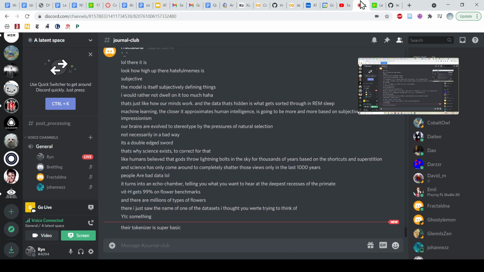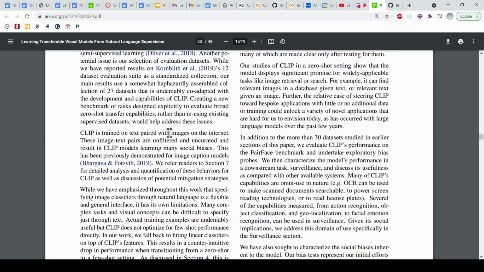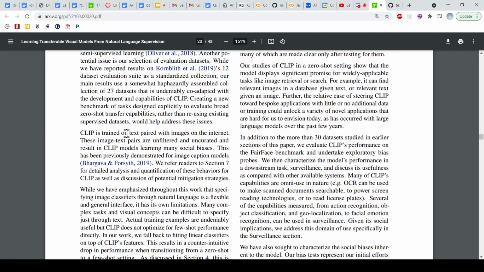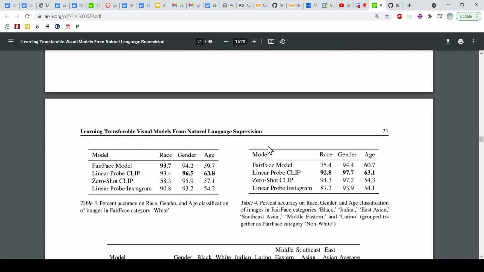So I'm curious to know if they actually tried to root out certain words and exclude them. But I don't know. These image text pairs are unfiltered and uncurated. They must have done a little bit of filtering if using the F word doesn't produce coherent results, but maybe I'm wrong.